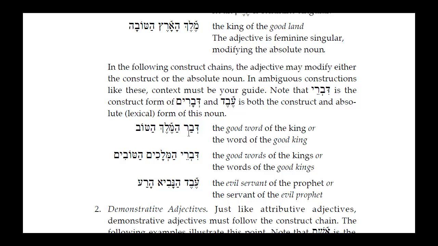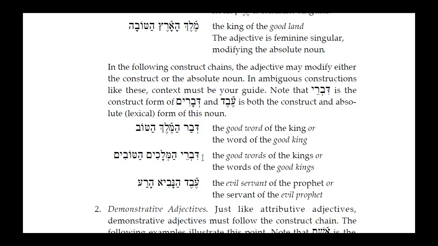You could translate it as the good word of the king, or you could say the word of the good king. Either way it would be correct, because both the construct and the absolute noun are singular and masculine, as well as the adjective.